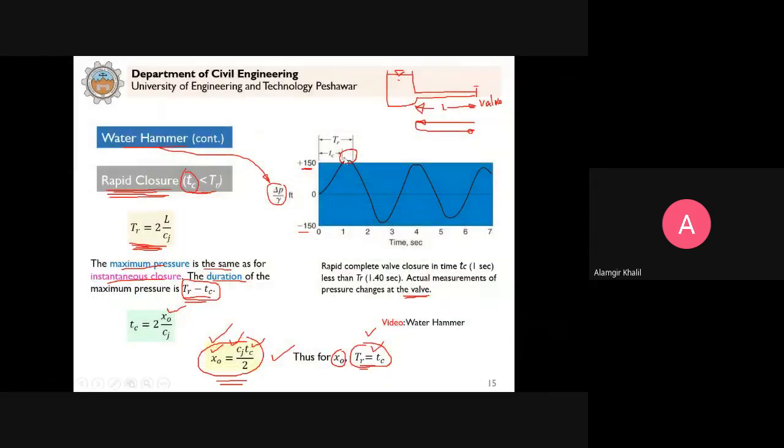When we close the valve instantaneously, what do you observe? You observe it like this, and then due to the damping effect, the equilibrium is reached. This is what you saw in the video. Actual cases. Clear?